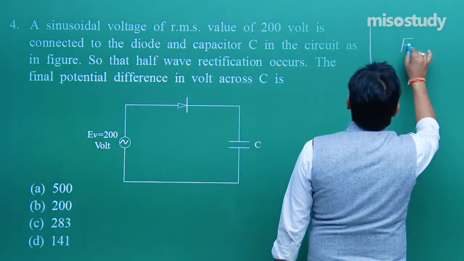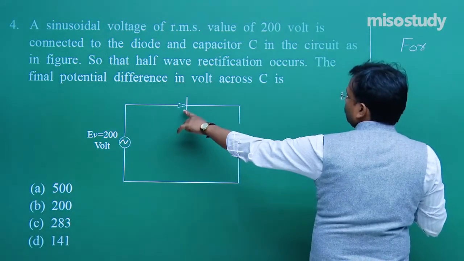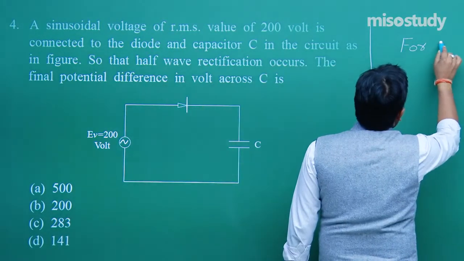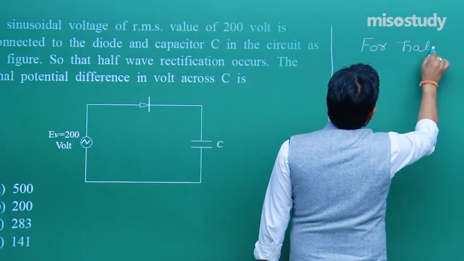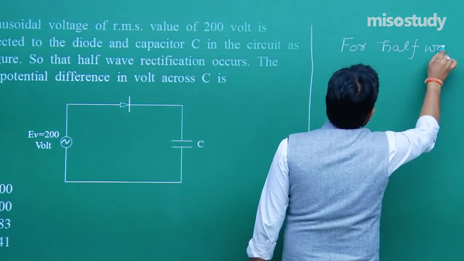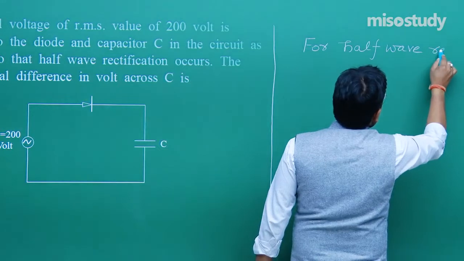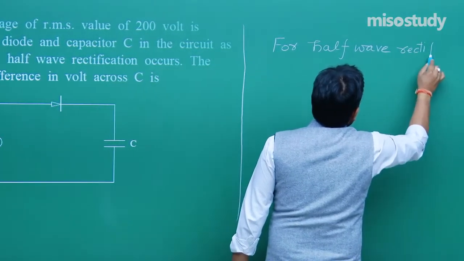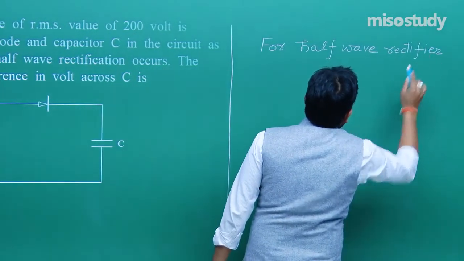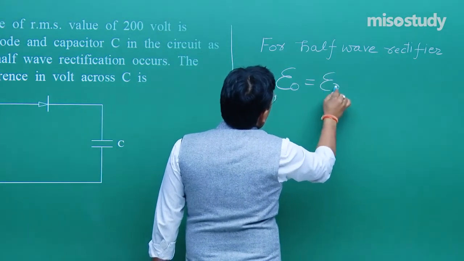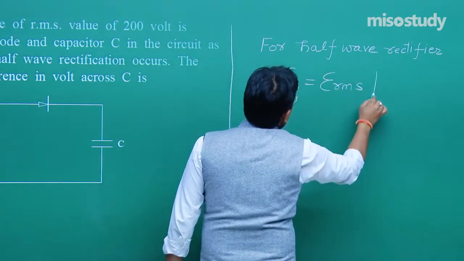For a half wave rectifier, and here only one diode is present, so it's a half wave rectification, E naught is equal to E RMS root 2.